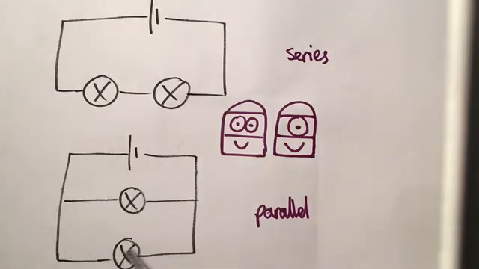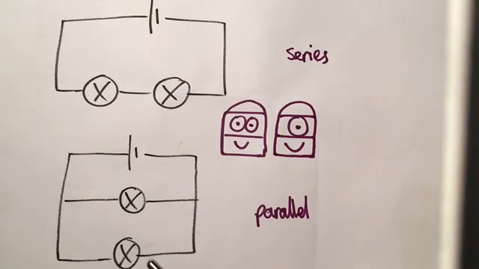In the parallel circuit, we've got two loops. So when our charge carriers have picked up energy from the cell, they can go down one of two paths. So let's say our first charge carrier goes down this path and the second charge carrier goes down this path.